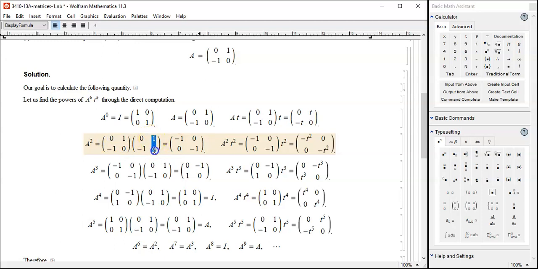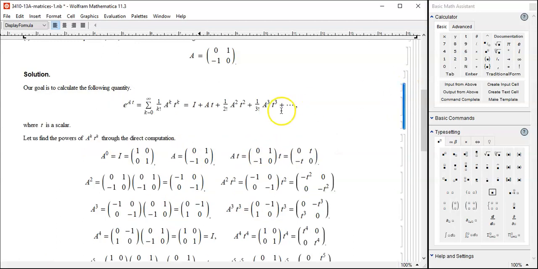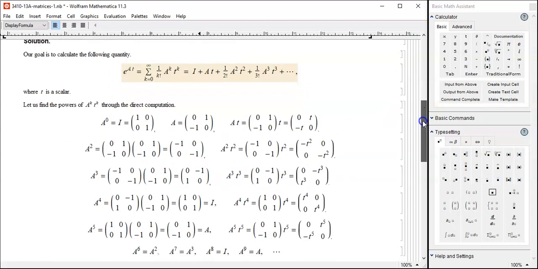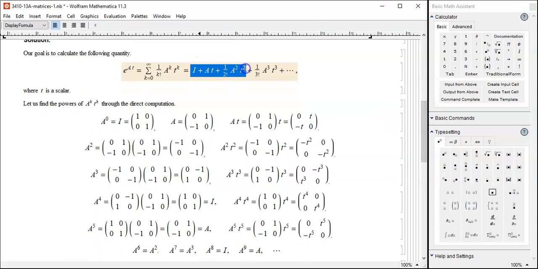First row, second column: 0 times 1 plus 1 times 0, that's 0. And so on. Assuming you do all those matrix multiplications, you get A squared like this, and multiply A squared times t squared. Voila, we have this intermediate result. By the way, this is where we are headed. So we are up to here.